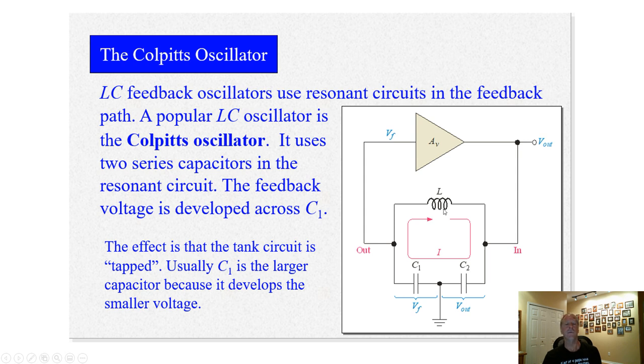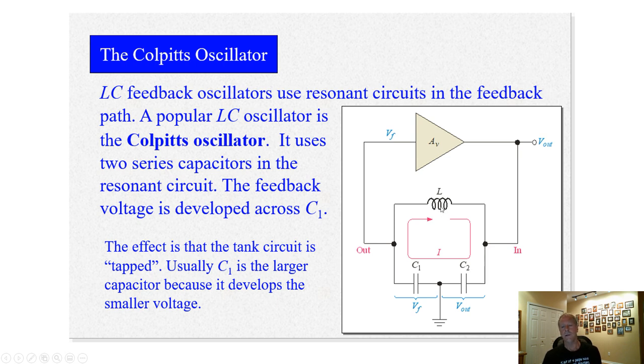A lot of times for high frequency applications like radio frequency applications and so on. Whereas the other Wein Bridge and so on would be used for lower frequency oscillators in the kilohertz, maybe hundreds of kilohertz. The Colpitts oscillators can operate and typically operate up in the megahertz, so a little higher frequency.